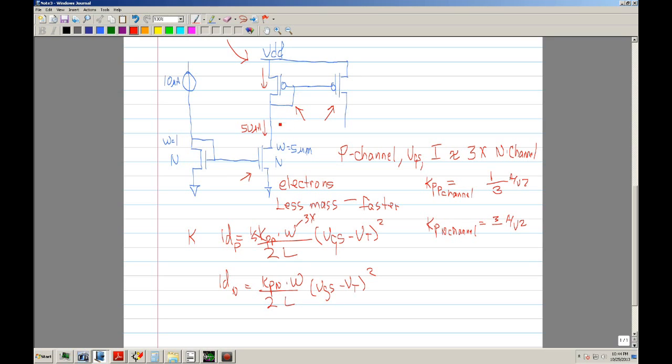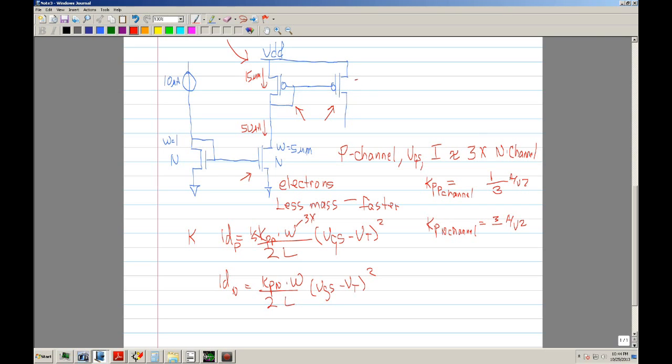Okay, so that being said, if you have this at 5 microns, that means that this has to be 3 times bigger. So that would be 15 microns. Okay, so then you use the same scaling.